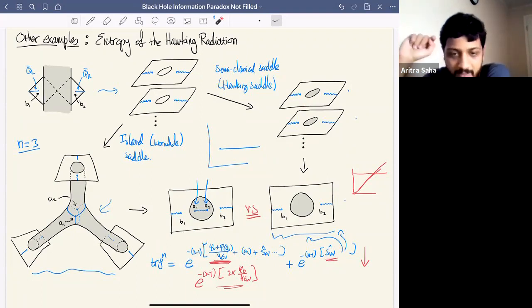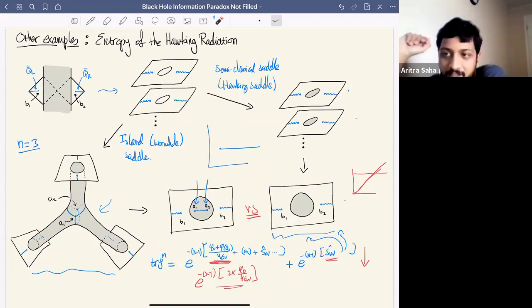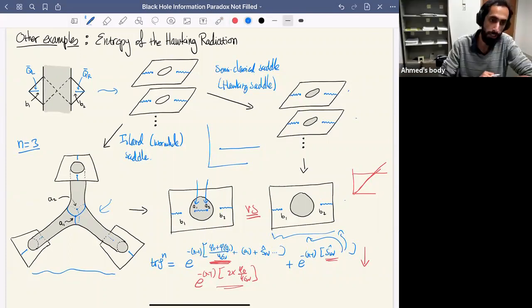I was just making a comment that you were making yesterday, I think, that we do some semi-classical calculation, but we end up getting something very quantum gravitational, such as having different entanglement wedges talking to each other. And those things reflect in the fact that you have wormholes here. Exactly.